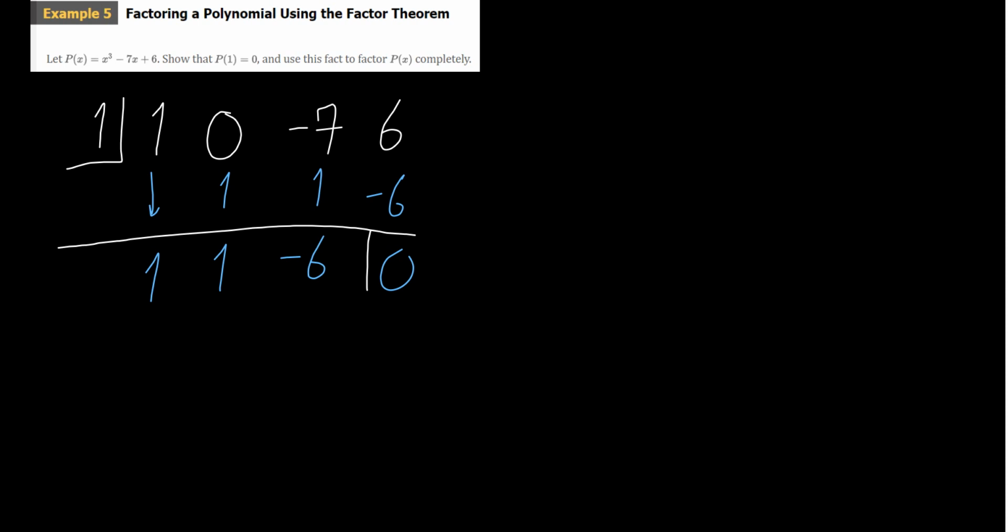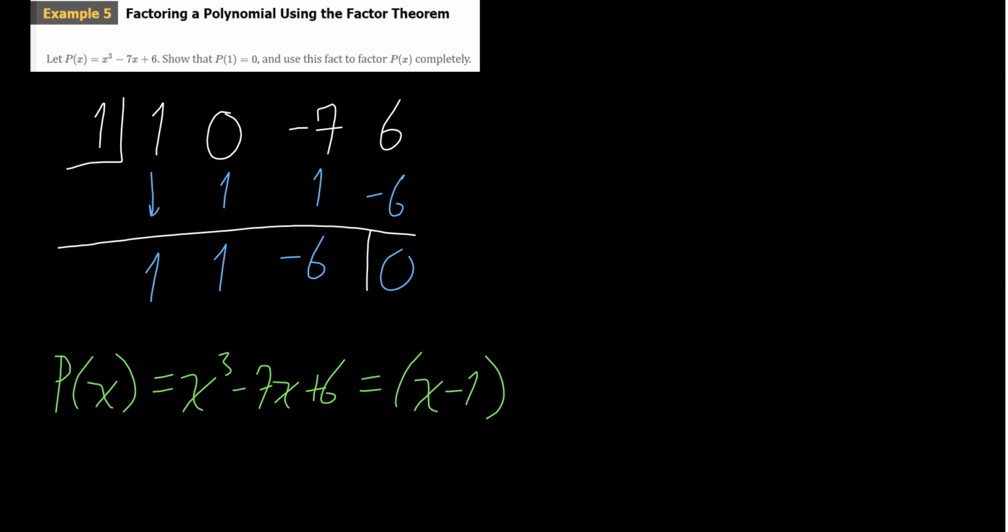This is telling us my polynomial p of x, being x cubed minus 7x plus 6, knowing my factor theorem, I can factor this into x minus 1. That x minus 1 comes from the knowledge that p of 1 is equal to 0.